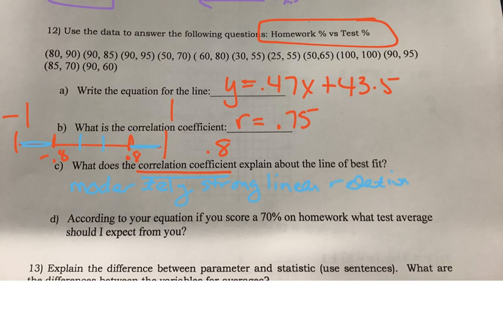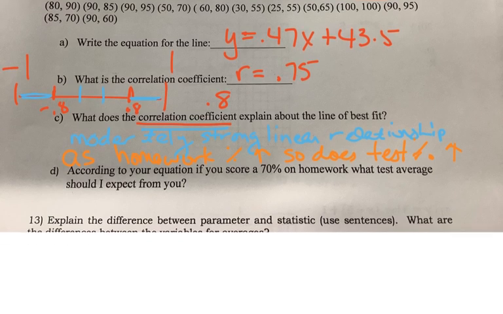And I would say that because it's a direct relationship, as homework percent goes up, there's a relationship, so does test percent. And of course, it's not perfect because there are some people that are honestly lazy about their homework and they do really well on their tests. It's usually 1 or 2 kids in a class. And then there are others that do well on their homework but struggle on their tests.